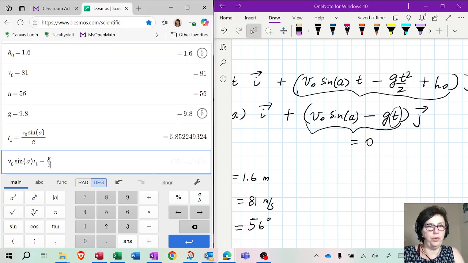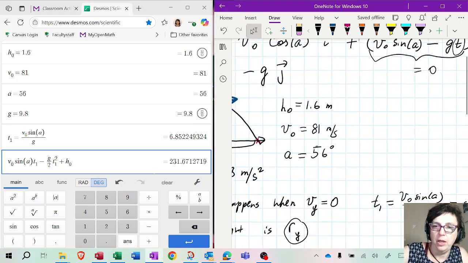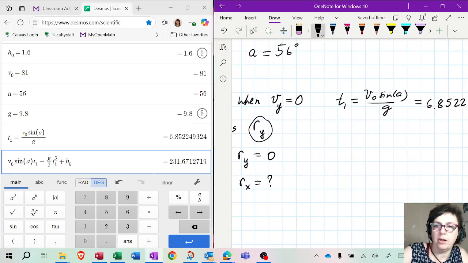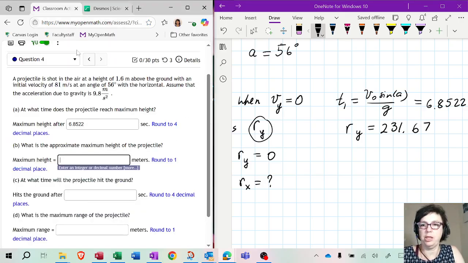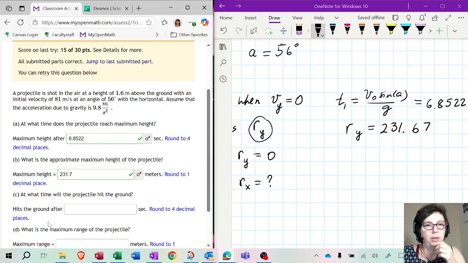So it's going to be negative g over 2 t1 squared plus V0 sine A t1 plus h0. Okay, that's it. So I found my ry, and that's going to be 231.67 meters. I'm not sure how many decimals it wants. It looks like it's just 1. Okay, let me submit this just to make sure.